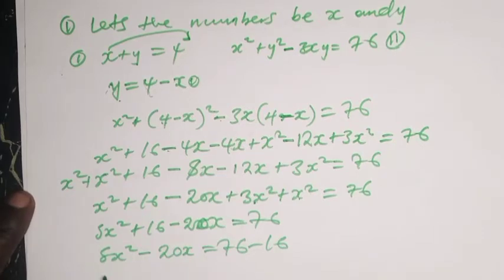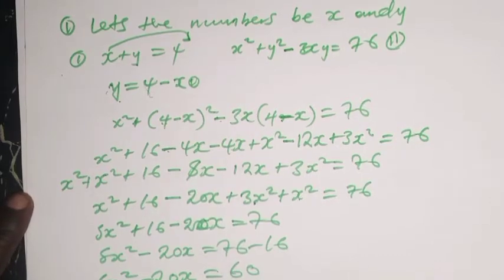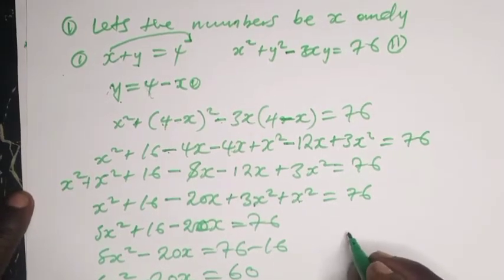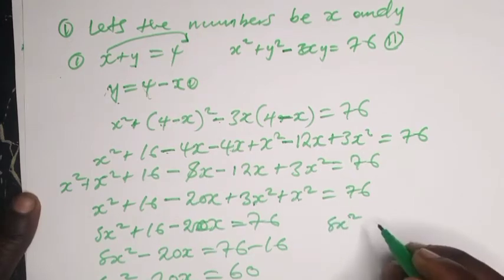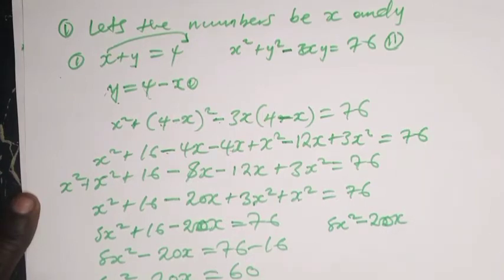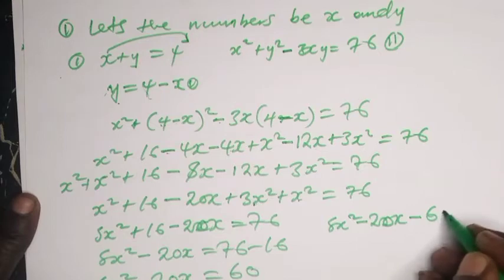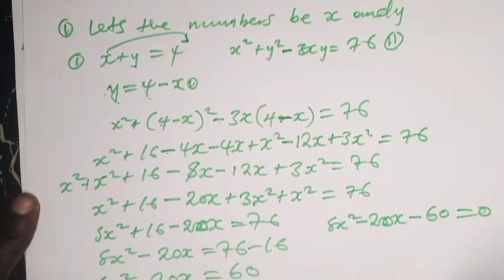Then here it will be 5x squared minus 20x equals 76 minus 16, which is 60. Then 5x squared minus 20x, when 60 crosses the equal sign, it becomes minus 60, which equals 0.